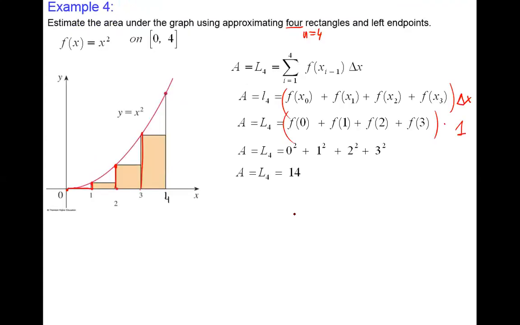We can say that the area is between 14 and 30. It's huge, right? It's not a perfect approximation, but we just learned why. That's not enough, right? But make sure that you know how to find the area under the curve, how to estimate the area under the curve, having the number of rectangles, the interval, and the function.